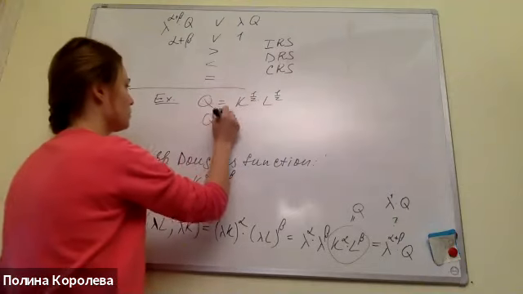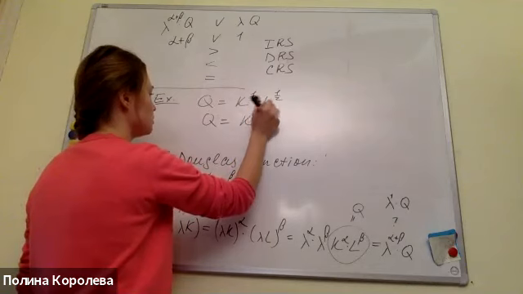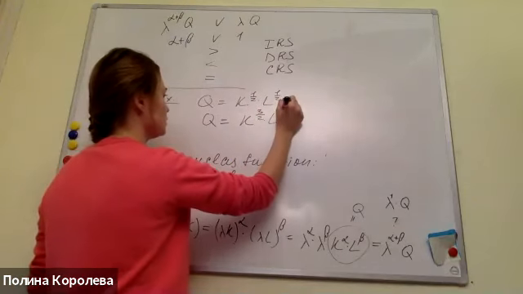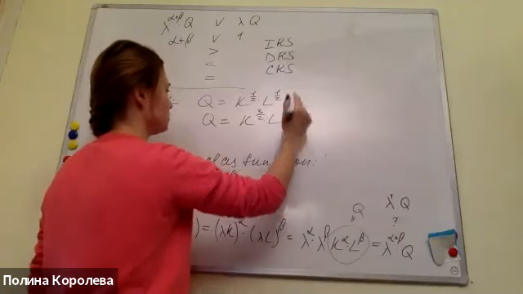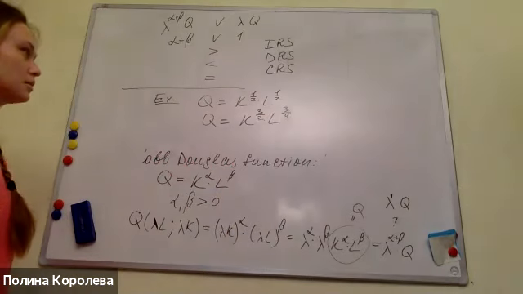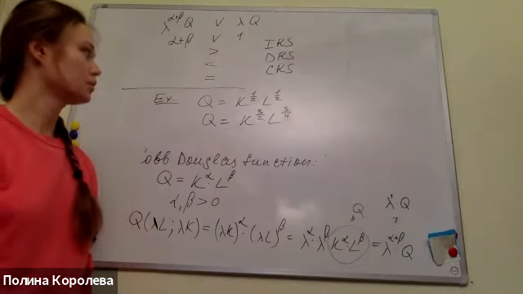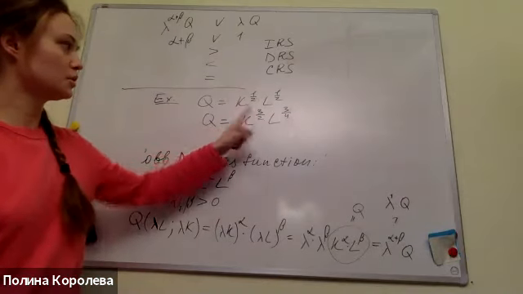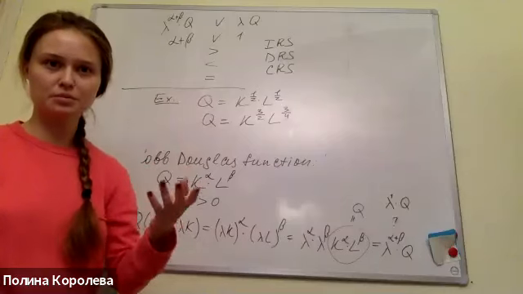If you have K to the 3/2 multiplied by L to the 3/4, what returns to scale? Easier. Increasing, because 3/2 is 1.5, and we sum it with something positive also.